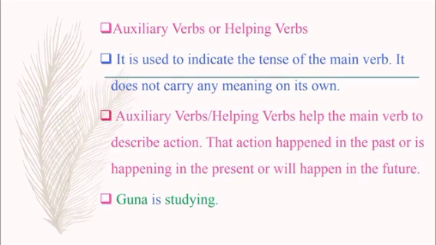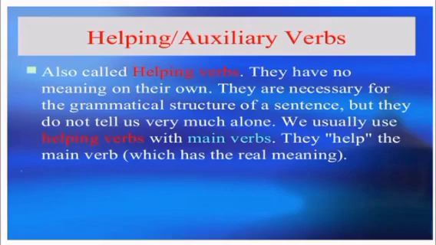Auxiliary verbs are also called helping verbs. They have no meaning on their own. They are necessary for the grammatical structure of a sentence, but they do not tell us very much alone. We usually use helping verbs with main verbs.